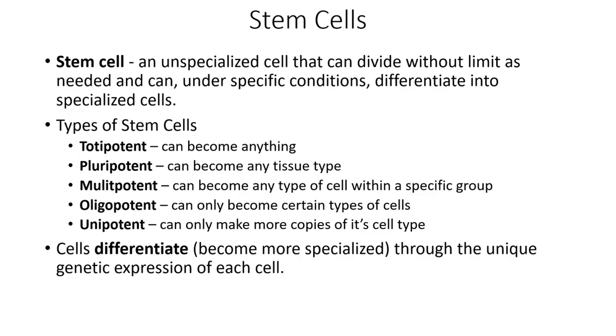Stem cells can have that division without limits, but they're only going to divide and make more copies of themselves when they are signaled by the body that we need more stem cells of various types, which we'll get to in just a minute. All right, so these need special signals from the body under specific conditions. Certain genes need to be turned on in order for them to start continuing down a specific pathway for whatever type of cell is needed in the body.